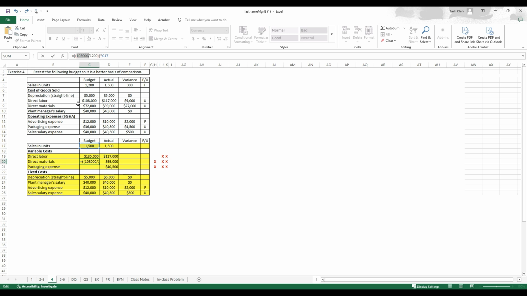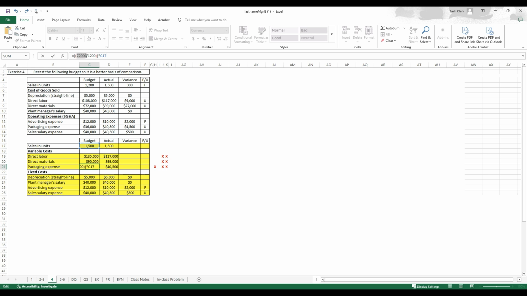So if we say direct materials, 72,000 was our expectation at 1,200. Let's divide by the 1,200 to get a per unit cost, and then again multiply by 1,500 to get the flexed, the increased amount there. Let's copy that formula one more time, and let's go in and do the packaging expense as well.